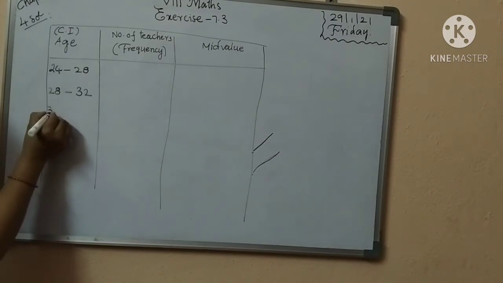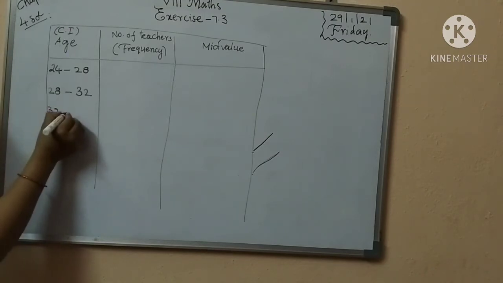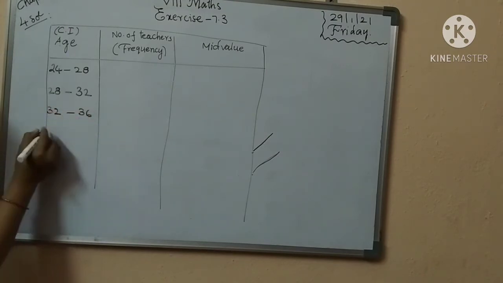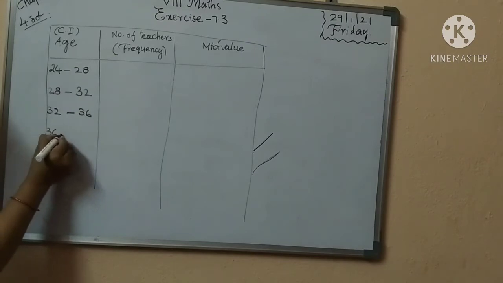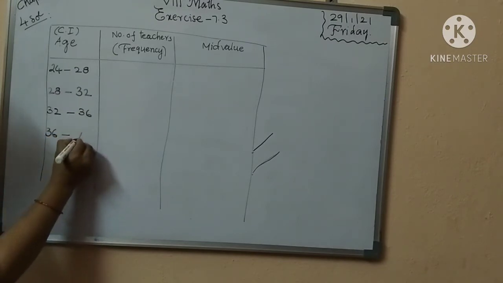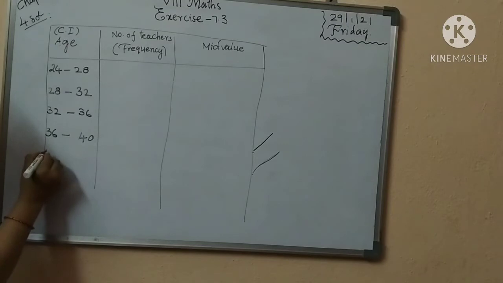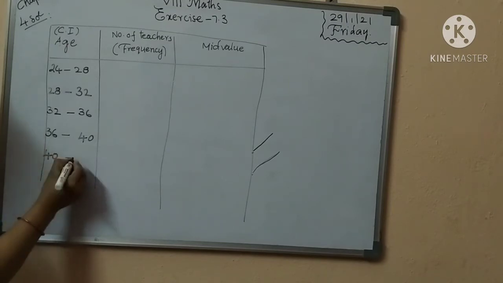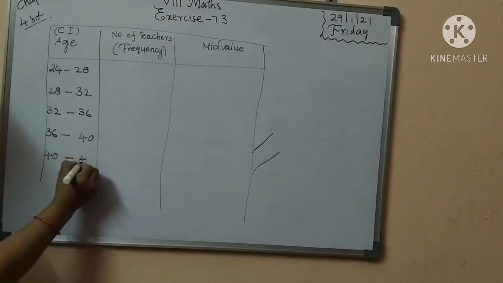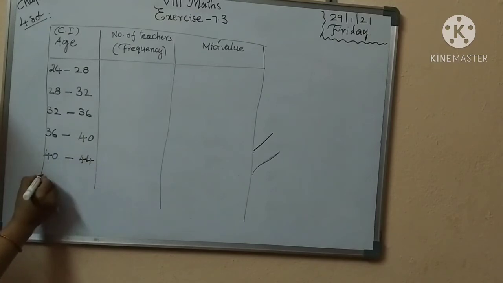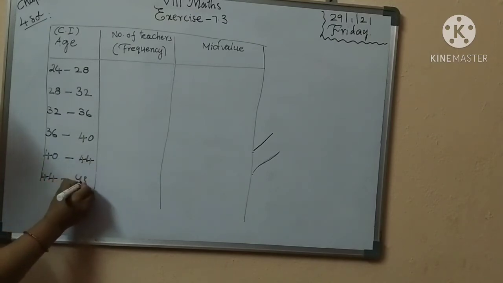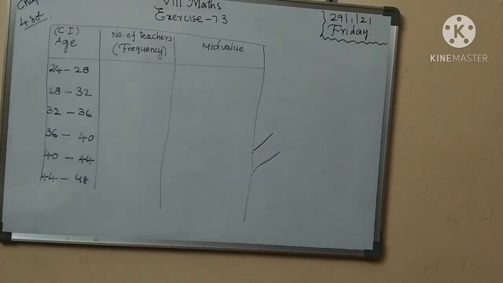So next 32 to 36, 36 to 40, 40 to 44 and 44 to 48. We have to take the class intervals, the ages given in the textbook.